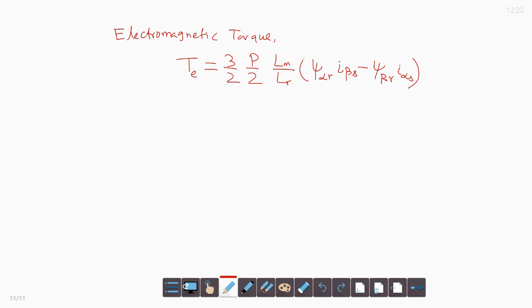This is the electromagnetic torque used in voltage model based estimation. In the voltage model, we get the I alpha s, I beta s data from the sensors, estimate psi alpha r and psi beta r, and using this expression the torque can be computed.